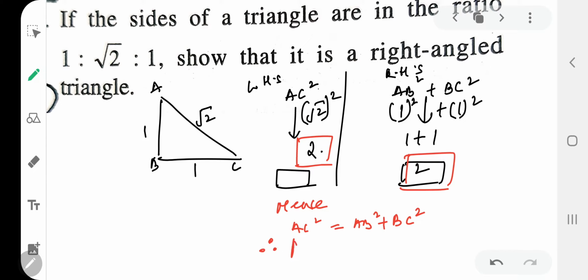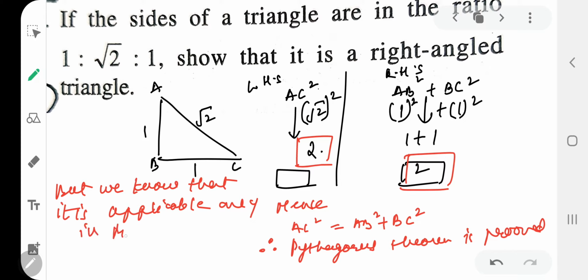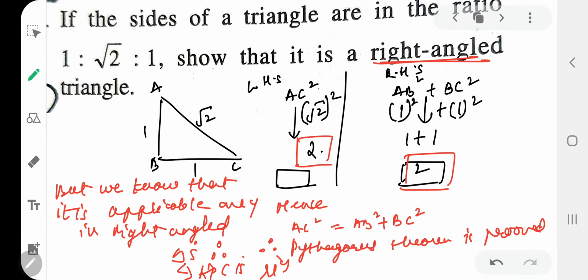Therefore Pythagoras theorem is proved. But we know that it is applicable only in right angle triangles. Therefore, triangle ABC is a right angle triangle. That is what you have to tell. Clear?